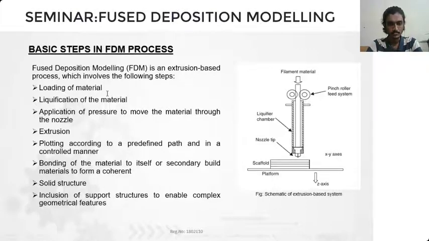Then the plotting: the machine code which is provided by the user governs the plotting path which the print head has to follow, and the bonding between the material occurs due to the cooling of the layers, and a solid structure is formed. And in case a complex structure has to be produced, supports can be used for producing complex or overhanging structures.